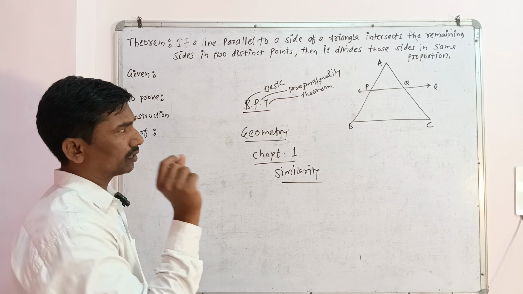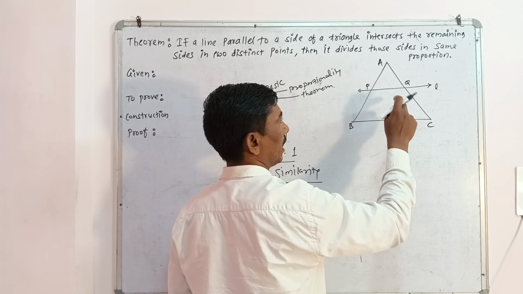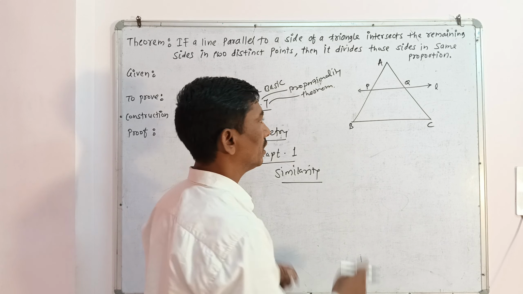So the statement says, if a line is parallel to any side of a triangle and that line divides the other two sides of the triangle at distinct points, then this line divides those two sides of the triangle in the same proportion. What does it mean?